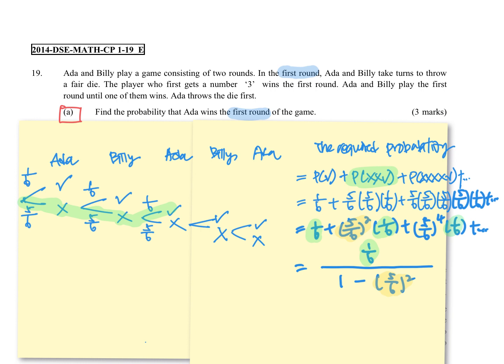So using the calculator, that will be 6 out of 11. And that will be for part A.